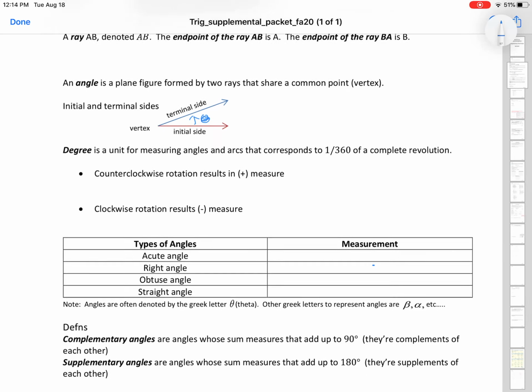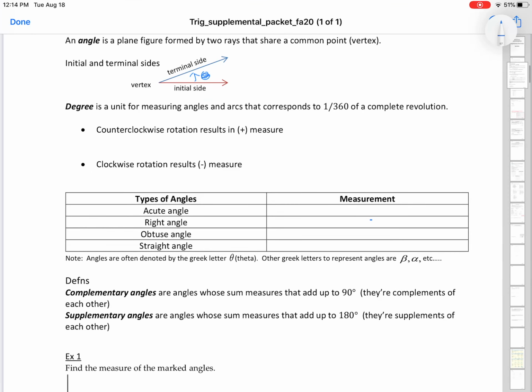So as we come down here, we have some terminology that they're going to use. An acute angle is an angle that is less than 90 degrees. A right angle is exactly 90 degrees. You're probably very familiar with that with your work with the Pythagorean theorem and others. An obtuse angle is more than 90 degrees. And a straight angle is one that's straight across.